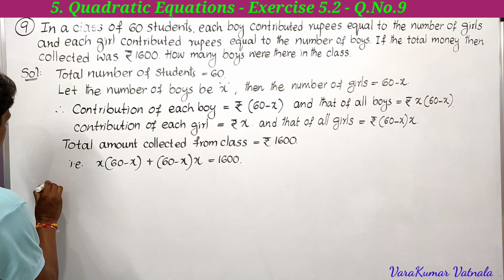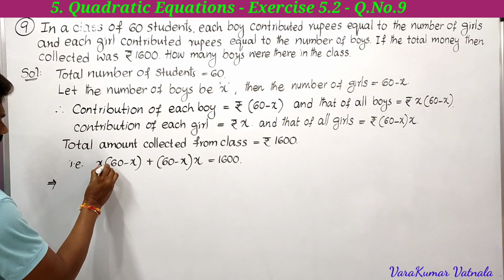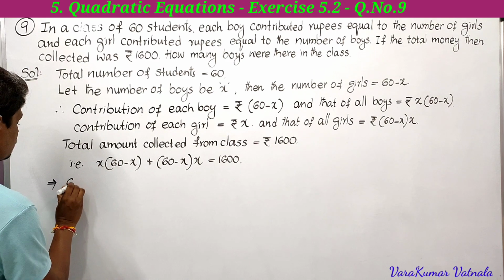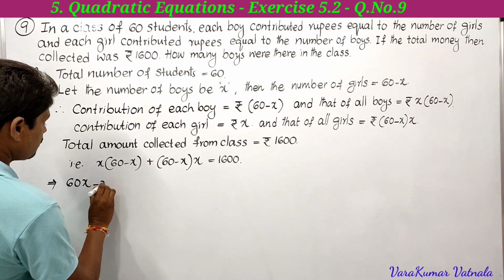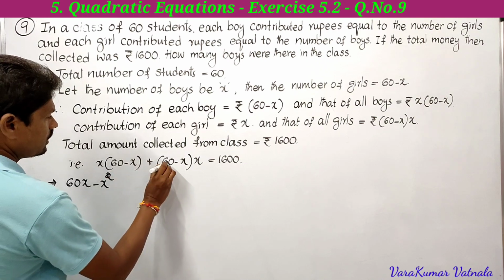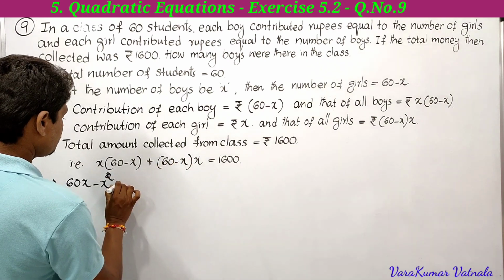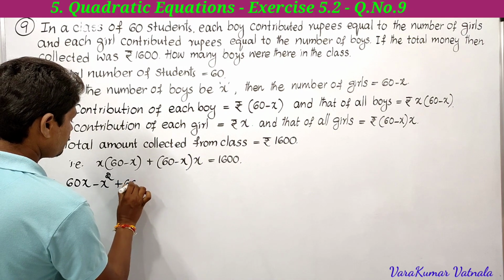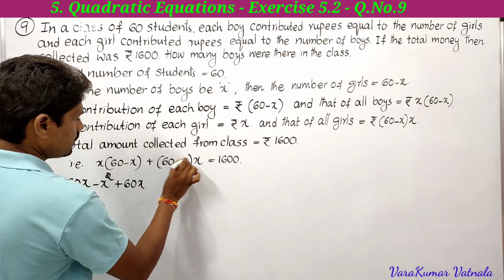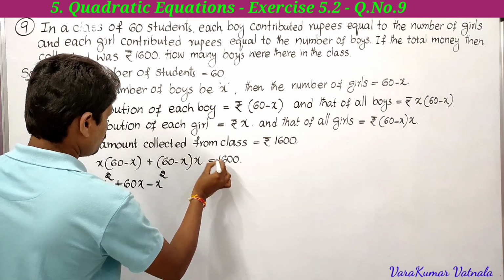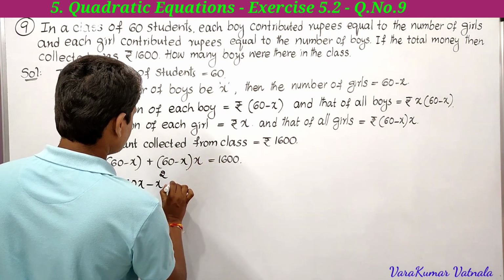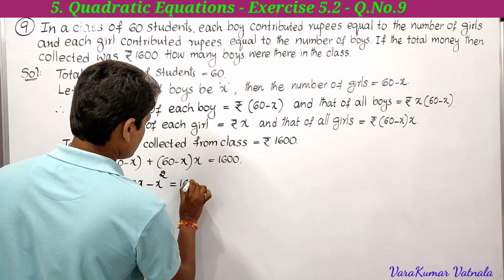What we get, see here, we have to multiply x into 60, 60x, x into minus x square. Here also 60 into x, plus 60x, x into minus x square, is equal to 1600.